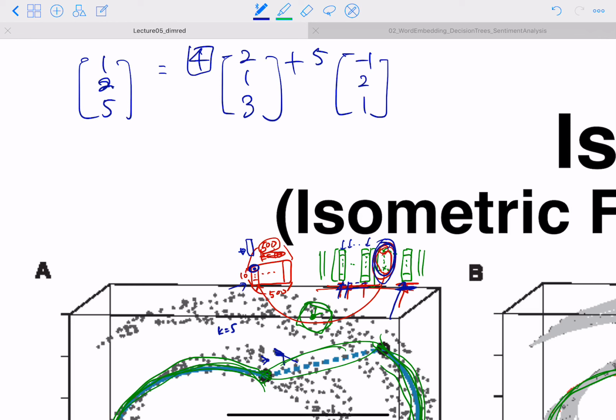Those two are the best least squares solution and their corresponding linear combination coefficients. These are found deterministically only using the high dimensional representation, and suppose their two-dimensional representation is maybe 3, maybe 2, 5.